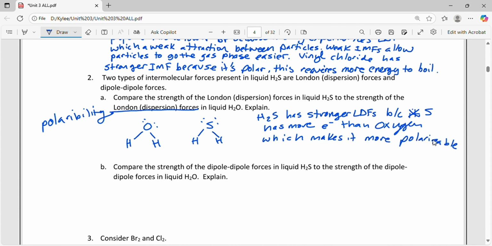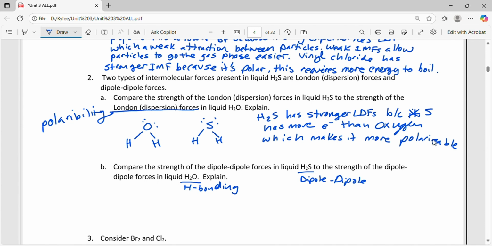Next, they want us to compare the strength of the dipole-dipole forces between them. Well, I'm not going to redraw them, but the big thing about water is that water hydrogen bonds. And so H2S would be a regular dipole-dipole interaction, and then water is going to be a hydrogen bonding situation. Now, what makes hydrogen bonding stronger?